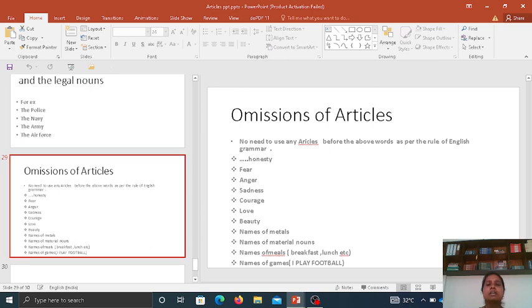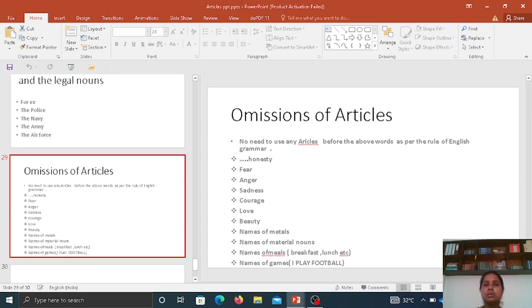Then there are the omissions of articles. So what do omissions mean? Omissions means words of the English language before which we cannot use, or should not use, the articles a, an, the. There are some words. The first one is honesty.